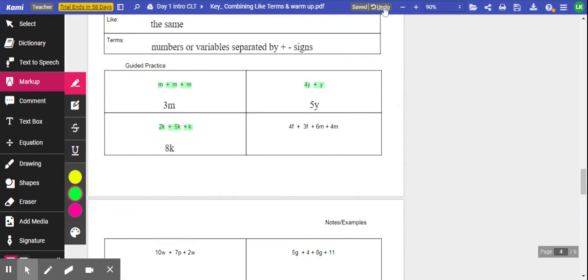Awesome. There we go. All right, so I'm going to highlight. No, did it again. It thinks I want to highlight everything. Let me try this. Okay. So this is one like term.